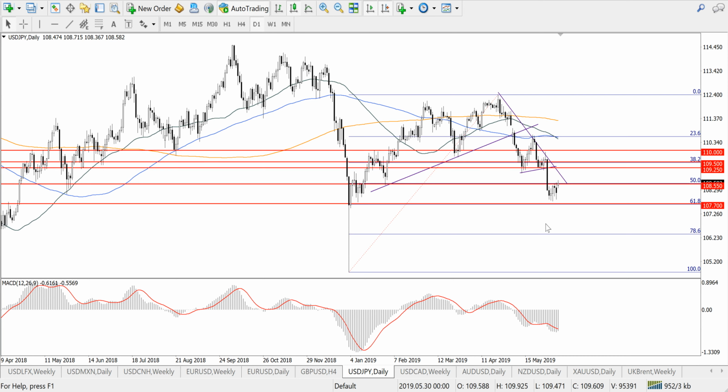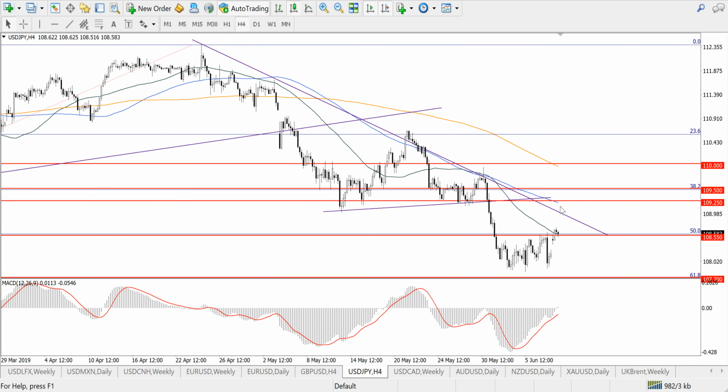Dollar-yen currency pair tries to recover and is testing resistance in the area of 108.55. All in all, the pair is capable of testing higher levels around the 109 mark, but there is significant resistance between the 109.25 and 109.50 marks, so we do not expect the pair to break above it, and likely sellers will re-emerge if dollar-yen approaches this area.